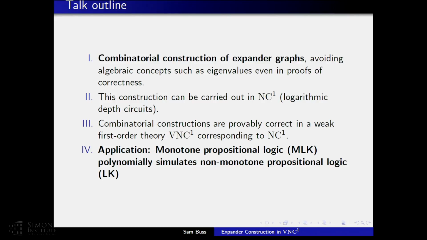This, I'll discuss very briefly, means it can be formalized in a first order theory of arithmetic called VNC1. And from that, there's a correspondence between VNC1 and polynomial size formulas. And then we use that to get a polynomial simulation of propositional logic by monotone propositional logic. This is the outline, parts 1 through 4.